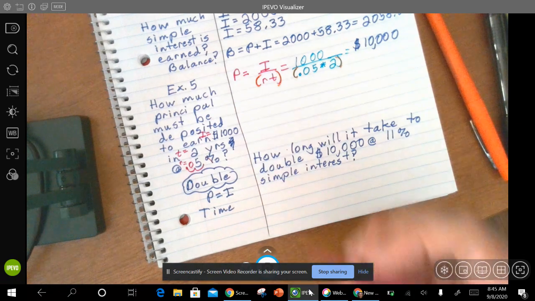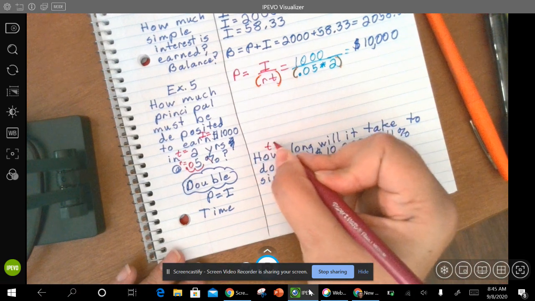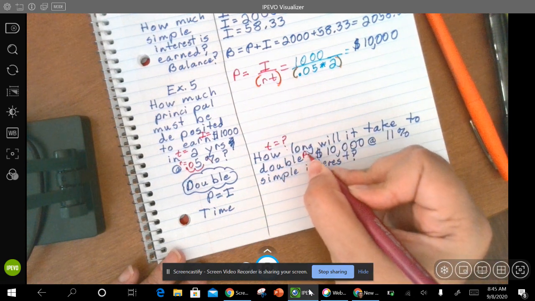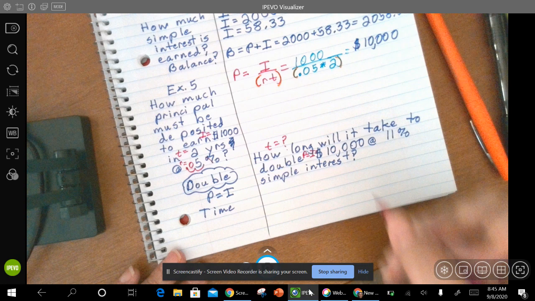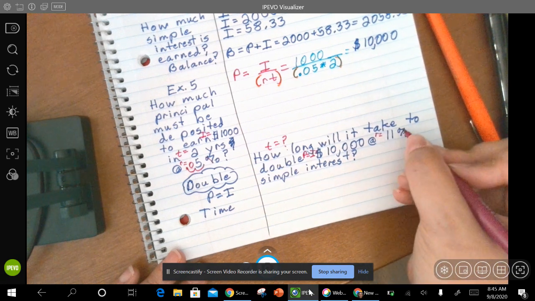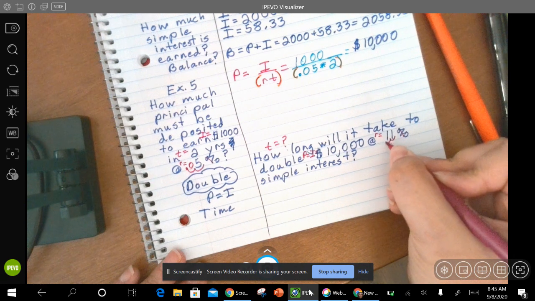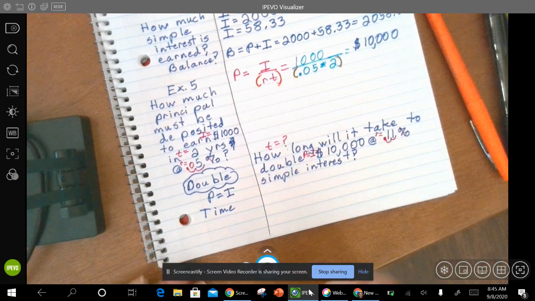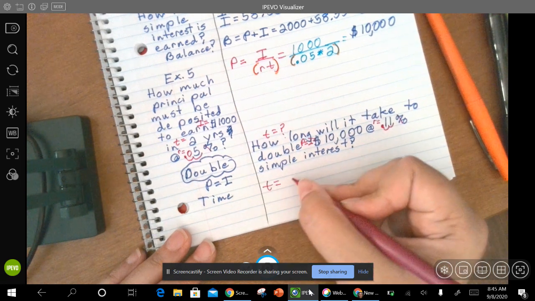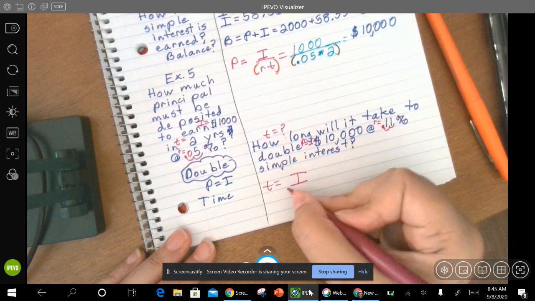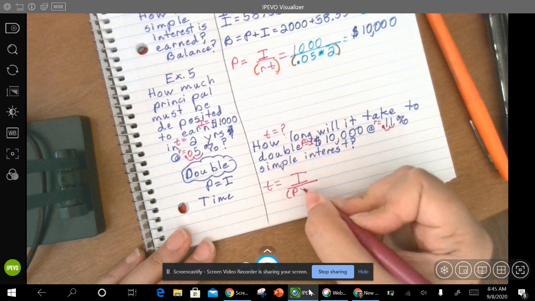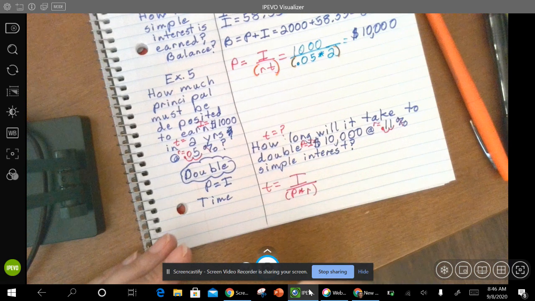So how long, everybody? That means that we're solving for time. Remember, our principal and interest are the same thing. Our rate is going to be 11%, so drop the percent sign and go to the left, add the decimal. So we're going to be using time is equal to the interest divided by the principal times the rate.